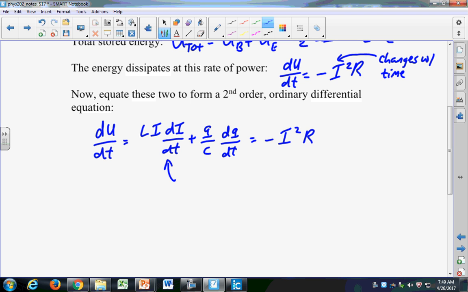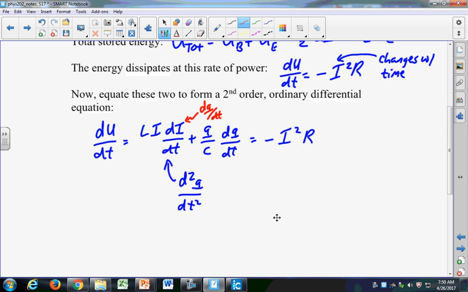But anyway, so this di/dt is equal to the second derivative of q with respect to t. Because remember, I is equal to dq/dt. And so the derivative of current is the second derivative of the charge with respect to time. Let me step back through that again.